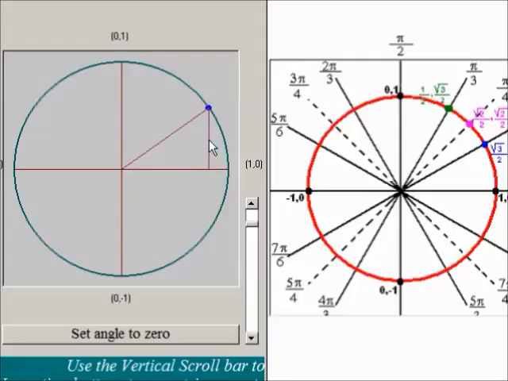Watch what happens to opposite, adjacent, and hypotenuse. I'm going to let this angle go down, down, down, closer and closer to 0. And you can see the opposite side is getting closer to 0, and the adjacent side is getting closer to 1.